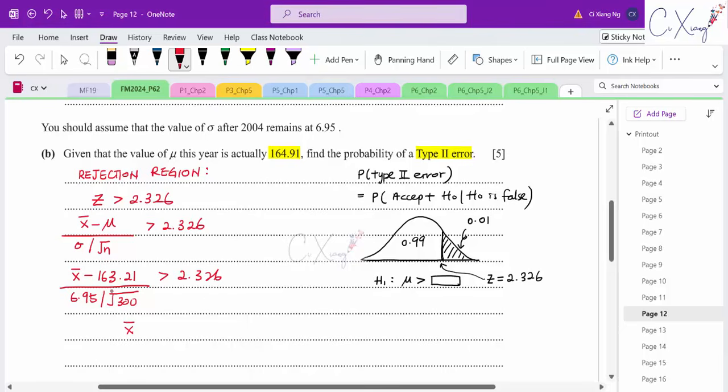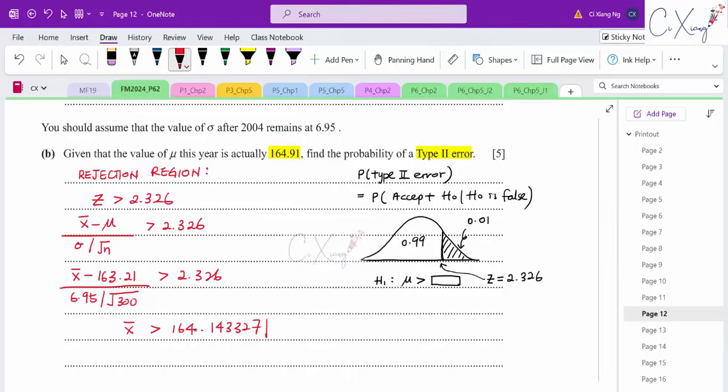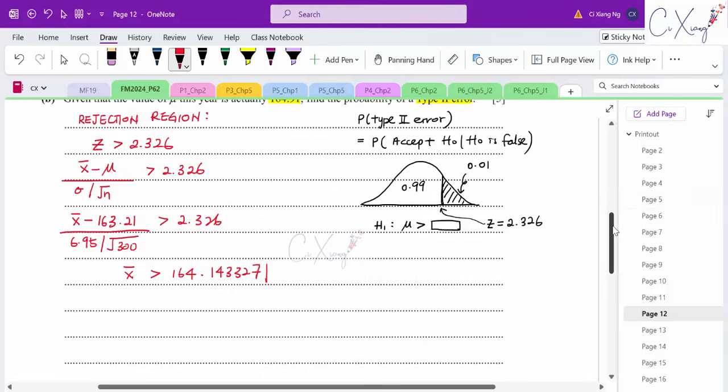Rearranging all the numbers and bringing them to the other side, I get x-bar greater than 164.1433271. This will be my rejection region. And of course, if I want the acceptance region, it is basically the opposite sign. Now that I have the rejection region, I can start finding the type 2 error.